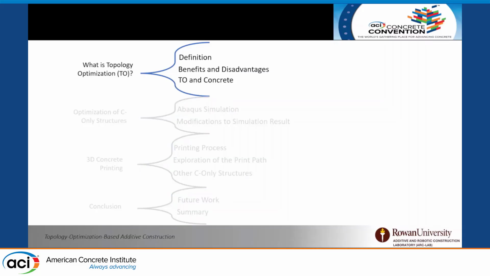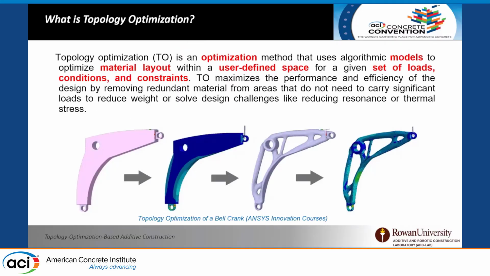So let's dive deeper and ask the question, what is topology optimization? And I'm pretty sure most of you know this answer. It's very important in the additive manufacturing of metals, which we also do at Rowan University. And it is because printing bulky structures is unrealistic. When you have metals, especially steel, printing that on a large scale can be expensive.